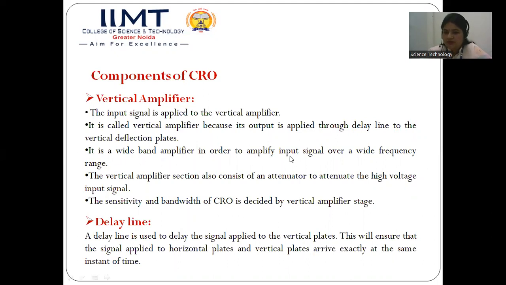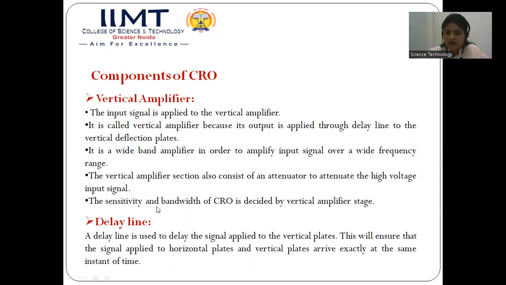Also, a certain section of the vertical amplifier contains an attenuator. What is the purpose of the attenuator? It attenuates the high voltage input signal. For example, if we are getting a very high voltage input signal, to reduce the amplitude of that signal to the CRO level, the attenuator is also provided in the vertical amplifier.